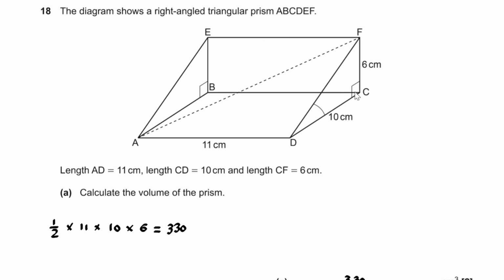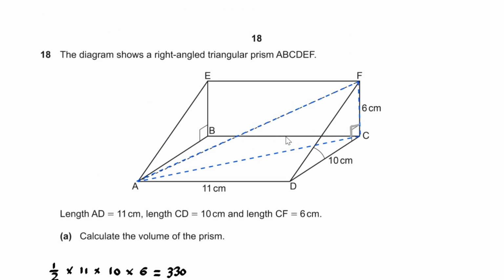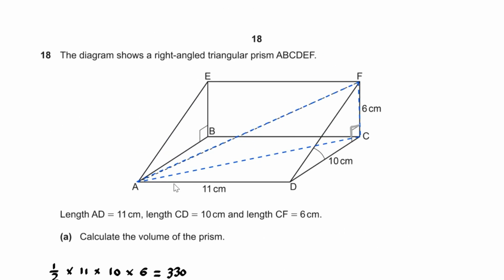So if we split this up, you can see here, we join everything up like so. We've got a right-angled triangle. So let's just show that. We've got here a right-angled triangle, and what we need to calculate the exact length of AF is this length over here.